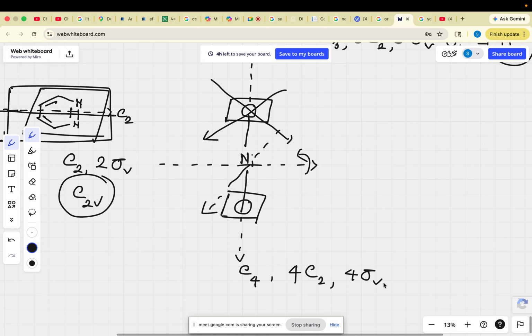Along this C2 you will get sigma v also. You will get one plane through this corner and through this corner, so you get two planes. One plane you will get through the middle of that and through the middle of that.